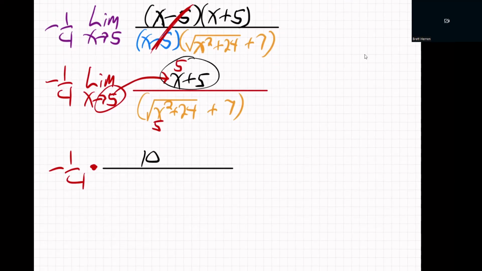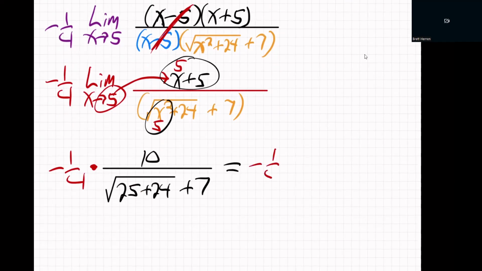Now plug in the 5. This is 5 plus 5, 10. On the bottom, this is the square root of 5 squared, 25 plus 24, plus 7. It's not 0 over 0 anymore. So now it's minus 1/4 times 10 over square root of 49.